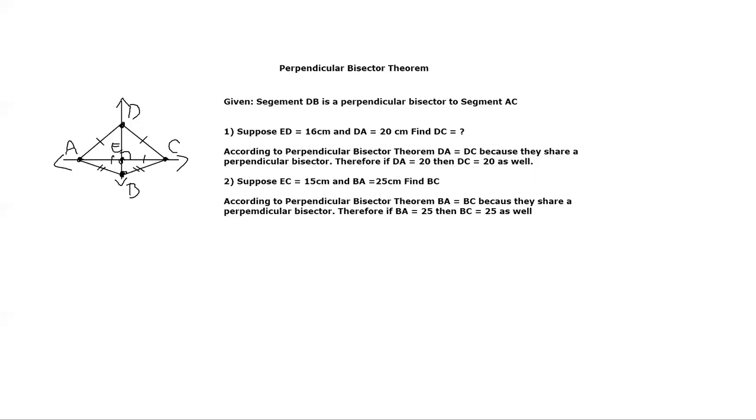So what does the perpendicular bisector theorem say? Well, let's look at number one. Suppose ED. Now, E, again, is referring to just this center one. We're going to start there. E and D, this little segment right here, that little segment is, let's say, 16 centimeters. Let's just pretend it's 16 centimeters.